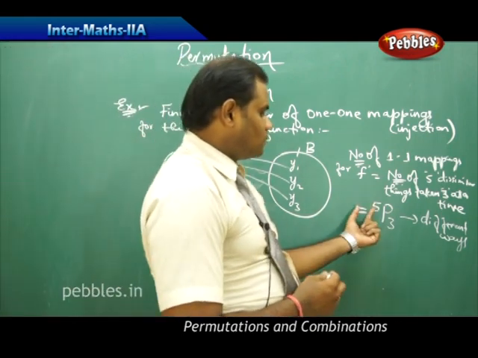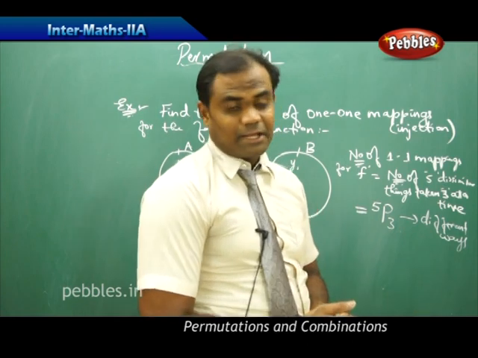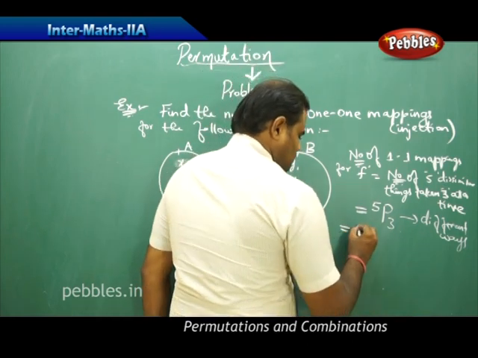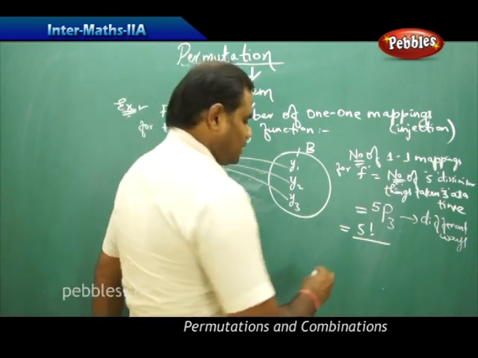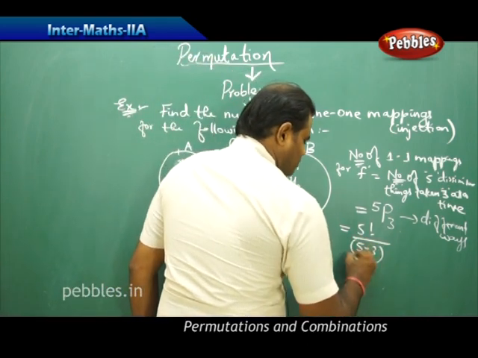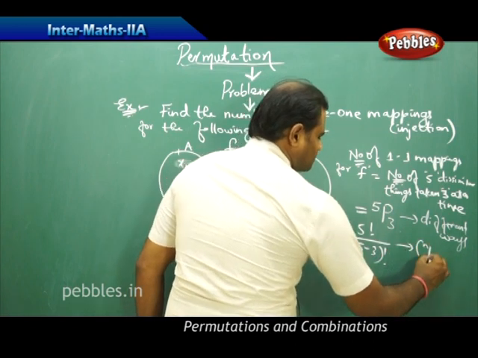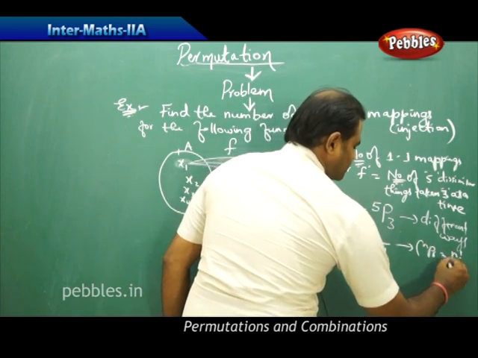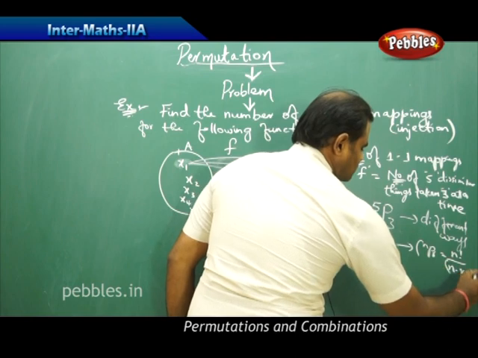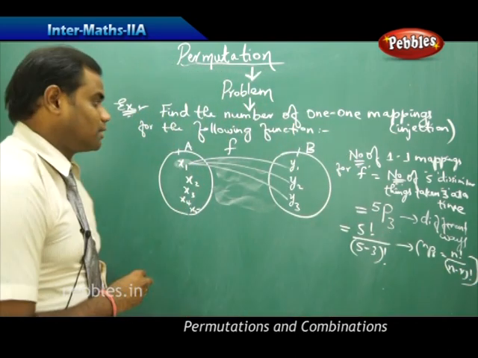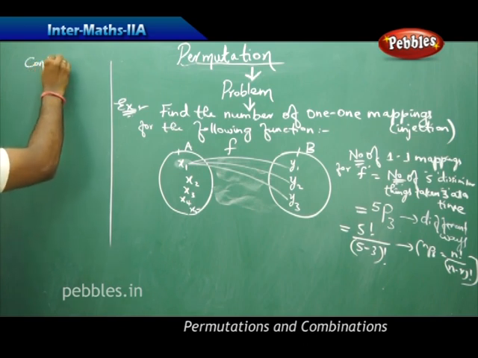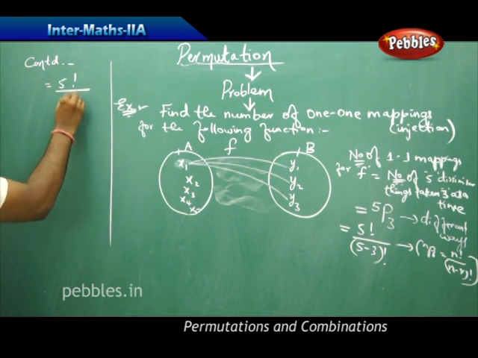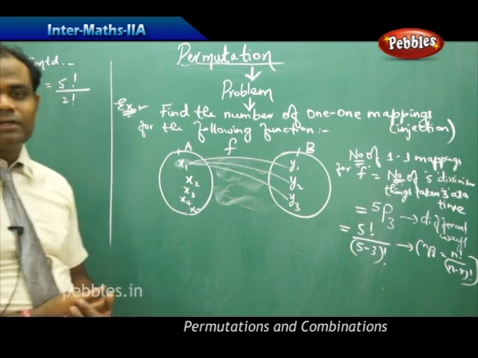So let's see, when we simplify this, what will be the exact value. This is given by the formula NPR, that is n factorial by (n minus r) factorial. On further simplification, this gives me 5 factorial by 2 factorial, because 5 minus 3 is 2.